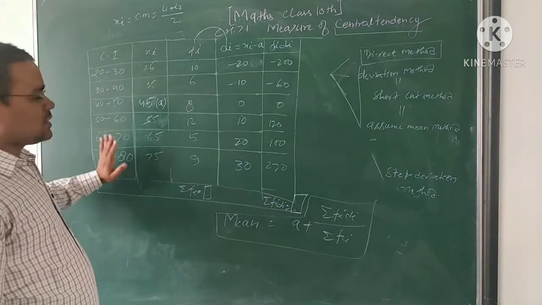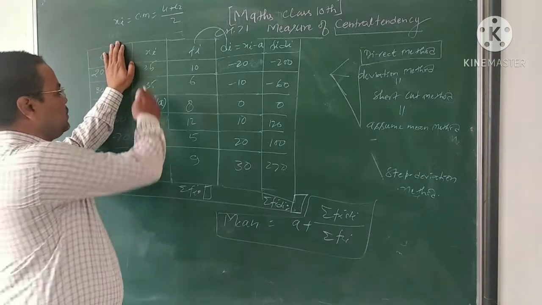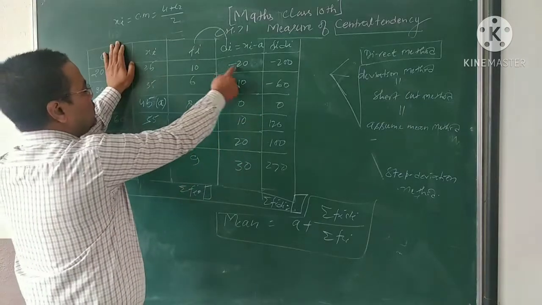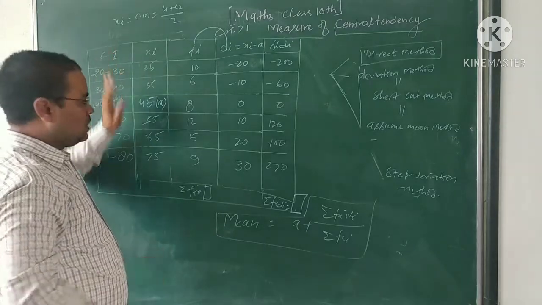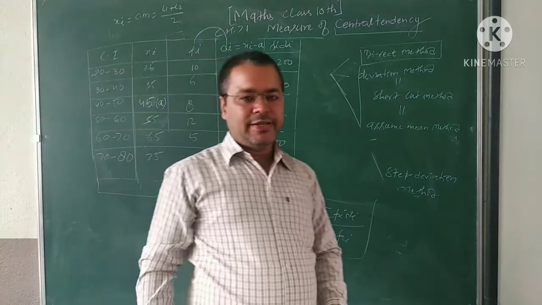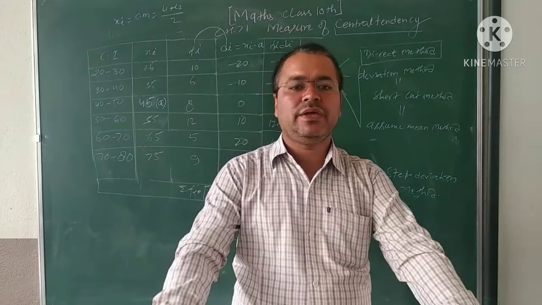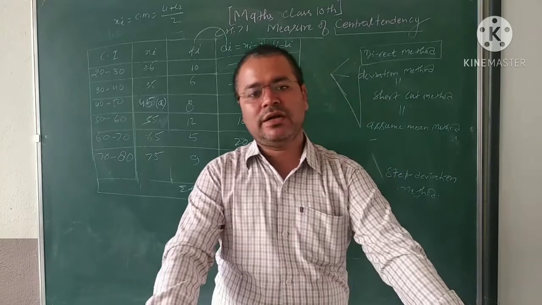If only xi is given instead of a class interval, we do the same thing. In that case, we have 4 columns, and other things will be the same. This is the method for finding mean using assumed mean, also known as shortcut method or deviation.